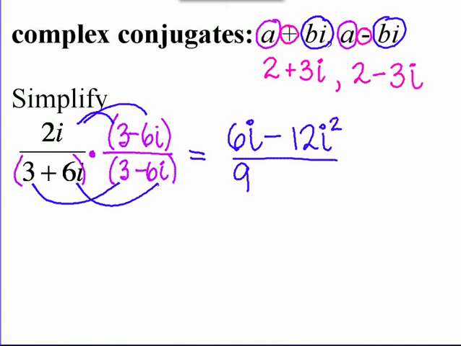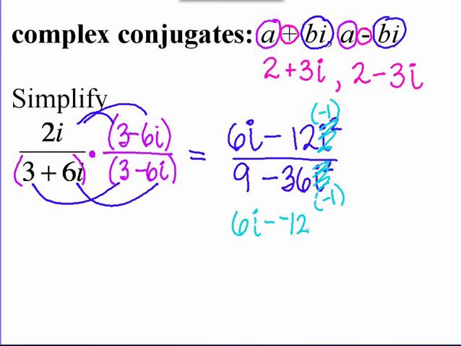So what does the last give me? Negative 36 i squared. Now, whenever you've got an i squared, what does that mean? This means negative 1. And that was our whole goal, to get rid of that i in the denominator. You can't have it, it's bad. So here, I end up having 6i minus negative 12, which is 6i plus 12.